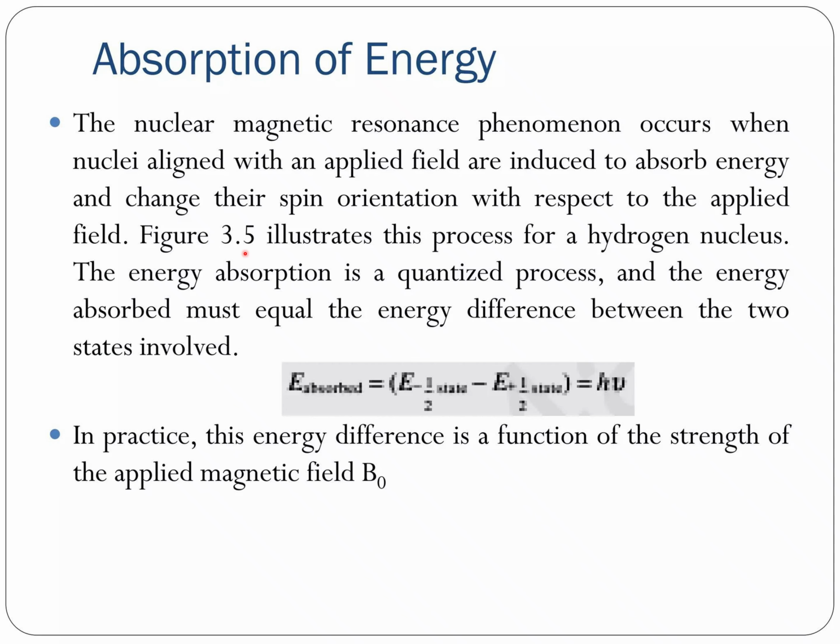Actually, spin orientation happens due to the applied field, and as I showed in my previous video, whenever a proton receives some energy due to resonance, then it aligns in the same direction or in the opposite direction to that of the applied field, because it absorbs some energy.